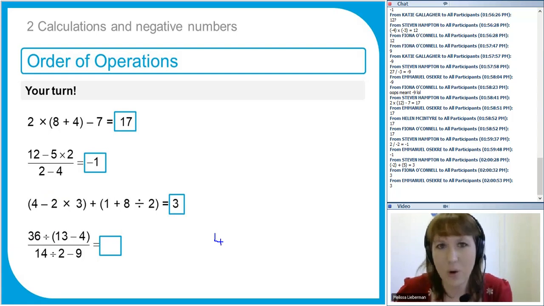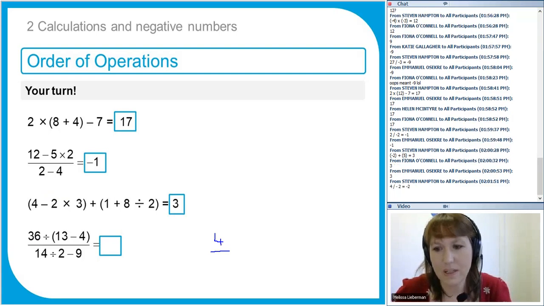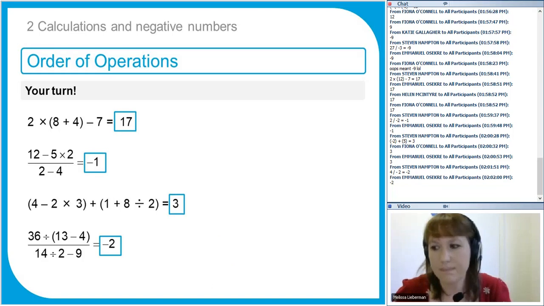No one's expecting you to work anything out in your head, so do jot it down. And then on the bottom, we've got 14 divided by 2, which is 7. And then 7 minus 9 is minus 2. So 4 divided by minus 2. Signs are different, so it's a negative number. And 4 divided by 2 is 2. So minus 2.